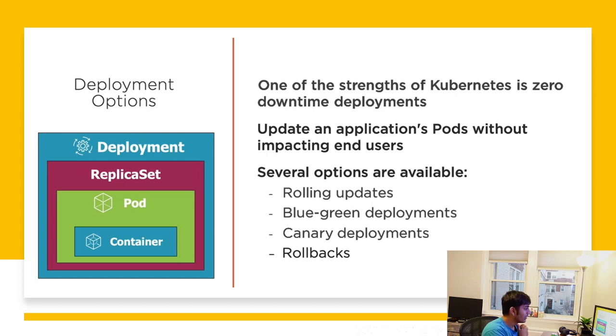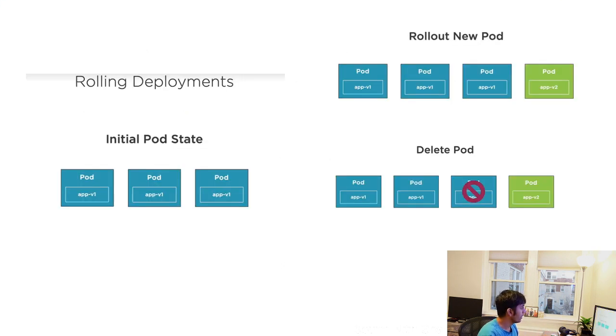There are various options available. First, rolling updates, which I will talk about. Then blue-green deployments, canary deployments, and rollback. These are the deployment options available in Kubernetes. I would cover only the rolling updates, and for the other things you can Google them. So let's look at rolling deployments.